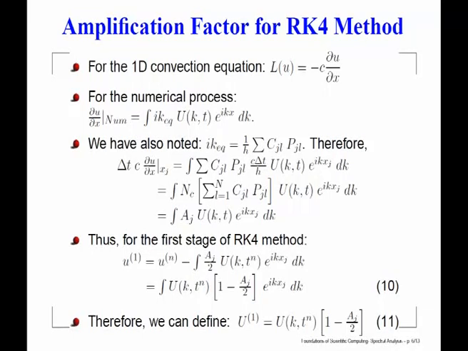Now, we have also said that the numerical description of the derivative with respect to x, we could write it like this. So, if I write delta t times there is a c out there and times del u del x, we are going to get this, right.